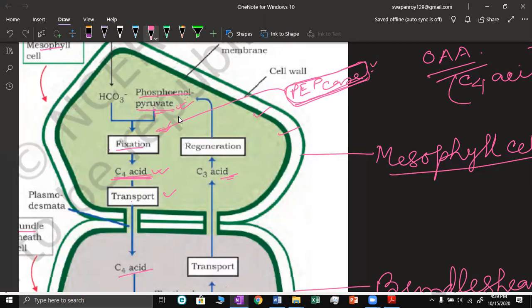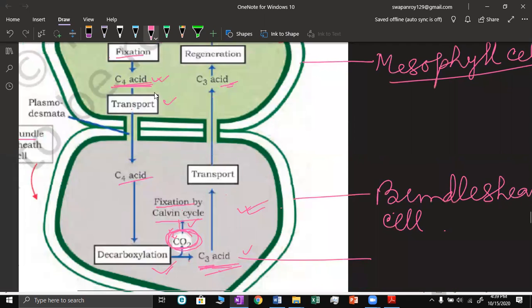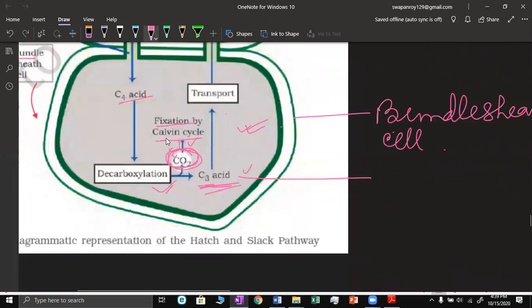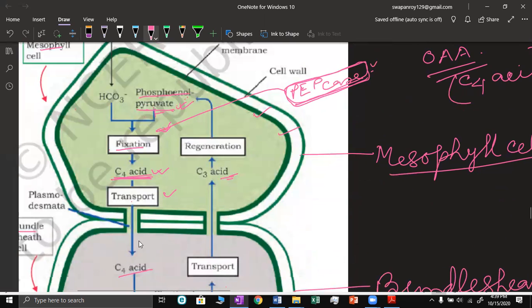So the rate of photosynthesis is very high, productivity is very high. So this way, within the two cells, this cyclic pathway operates, okay, that one is the C4 cycle or Hatch and Slack cycle.